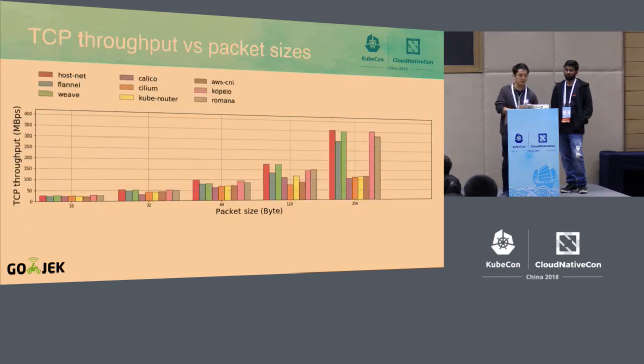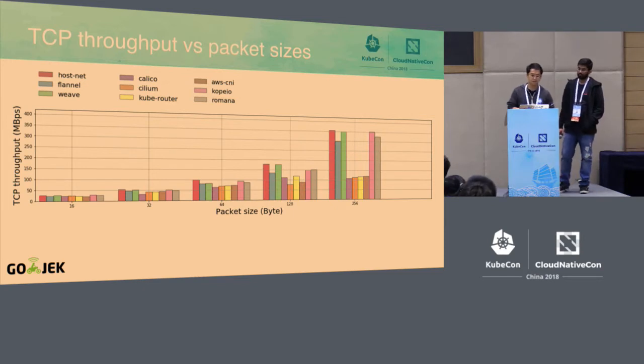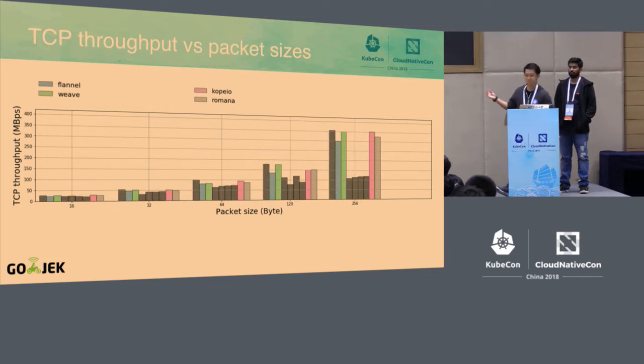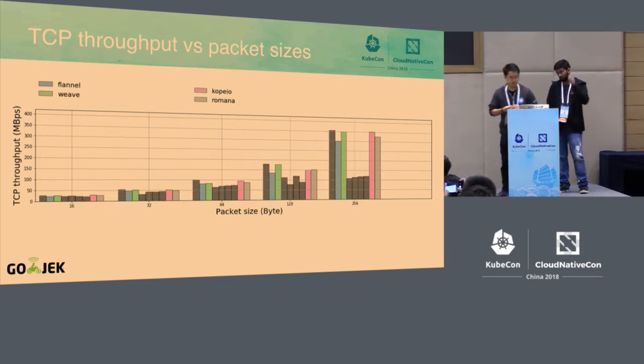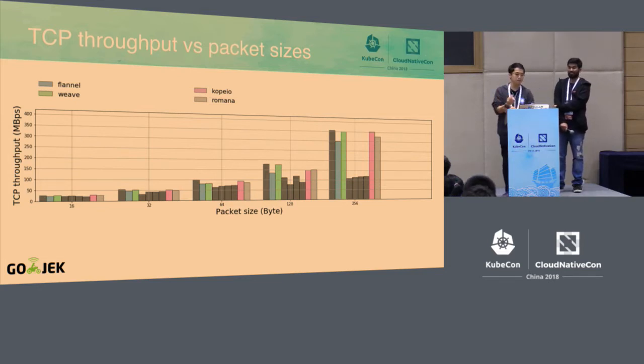Here's the result of our TCP throughput study. The x-axis is the different packet size from 16 to 256. As you can see here, only half of the CNI plugins could scale as the packet size increases. In particular, Flannel, Weave, Kope.io, Romana could scale the TCP throughput well, pretty close to the baseline as the packet size increased.